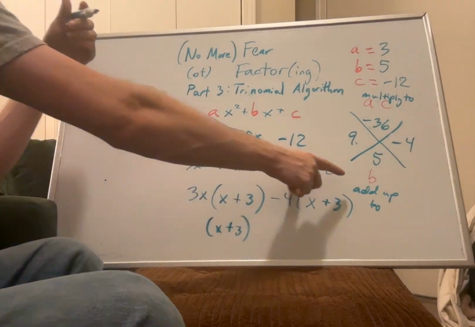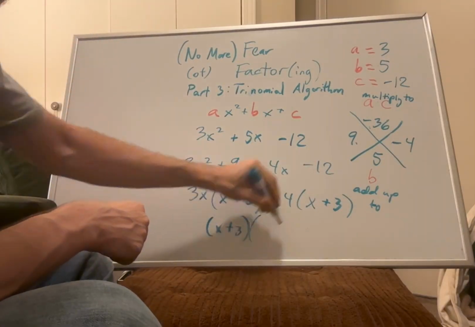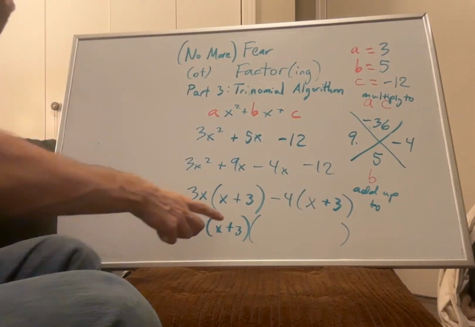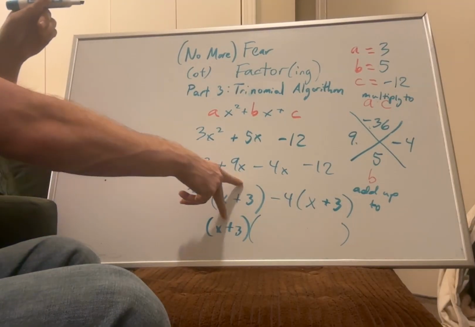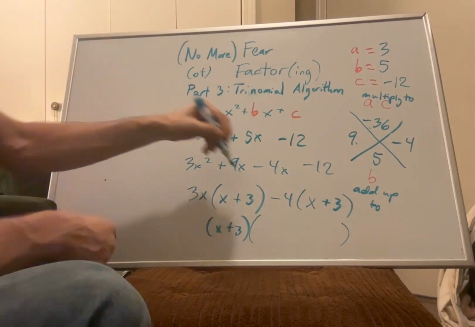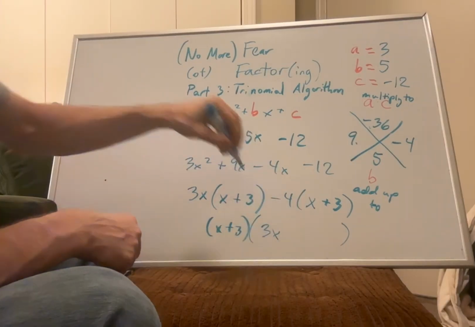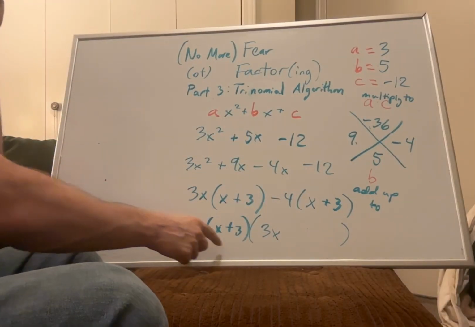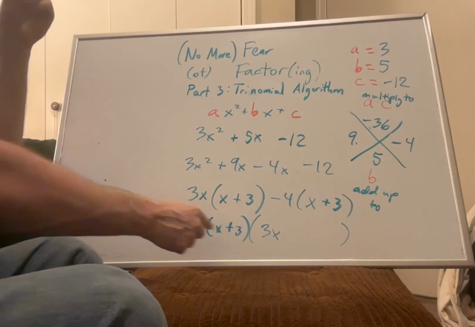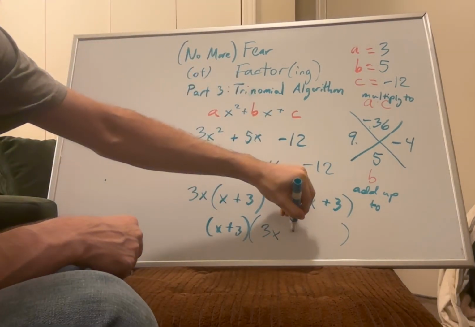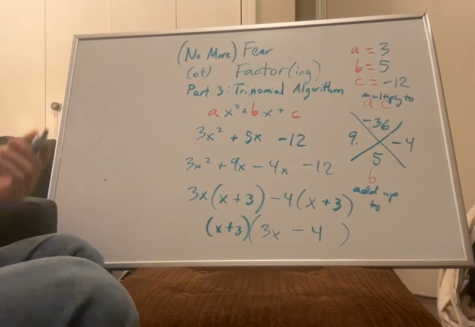And when we factor out x plus 3 out of each of those terms individually, 3x times x plus 3 divided by x plus 3, those will cancel out, so we'll just be left with 3x. And then, additionally, minus 4 times x plus 3 divided by x plus 3 is just going to be minus 4.